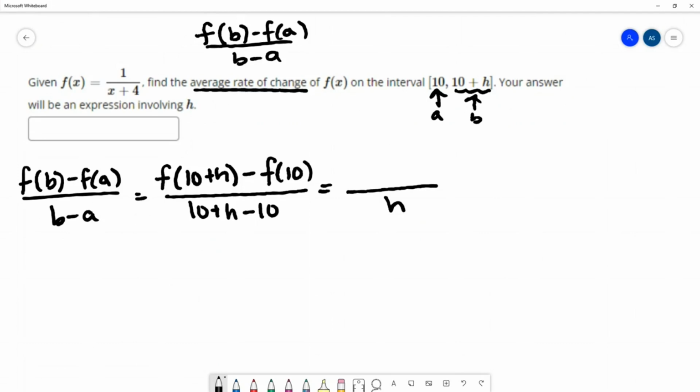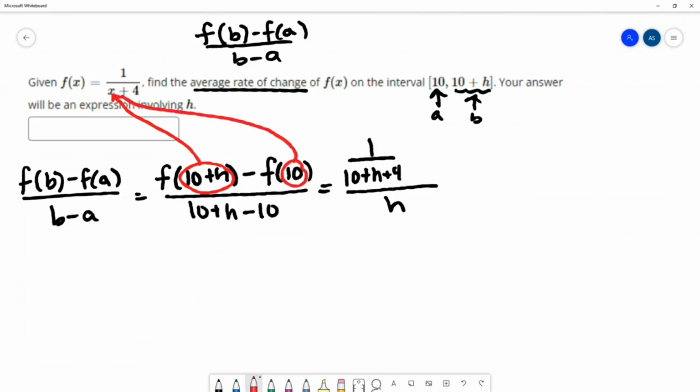In the numerator, I need to evaluate f of 10 plus h. So that's substituting 10 plus h into our function. So that's going to give 1 over 10 plus h plus 4. And we'll do the same thing for f of 10.